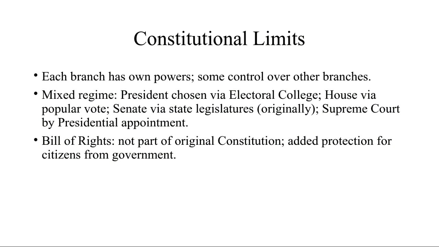But the successful argument was made that we had to make it clear what protections we have from government overreach: freedom of speech, not executing someone for shoplifting, things like that. So the Bill of Rights is a limit on what the government can and can't do to its own citizens. Right? It's why someone can't be put in jail for 5 years without a trial. Those rights help protect us from the government.